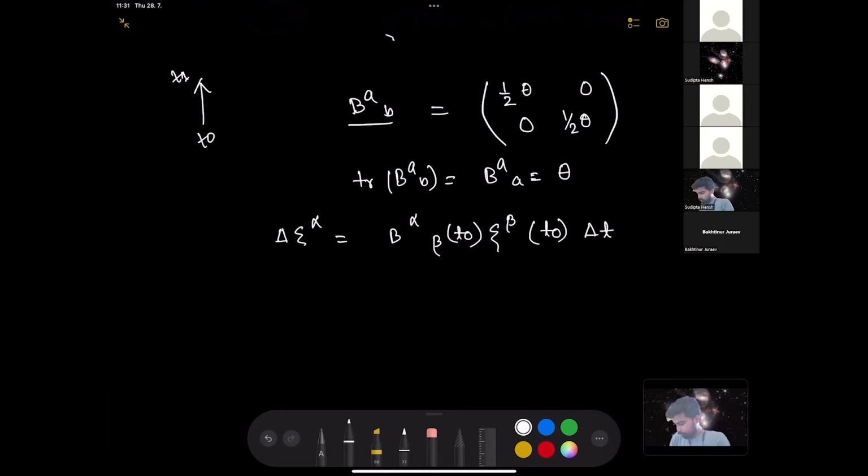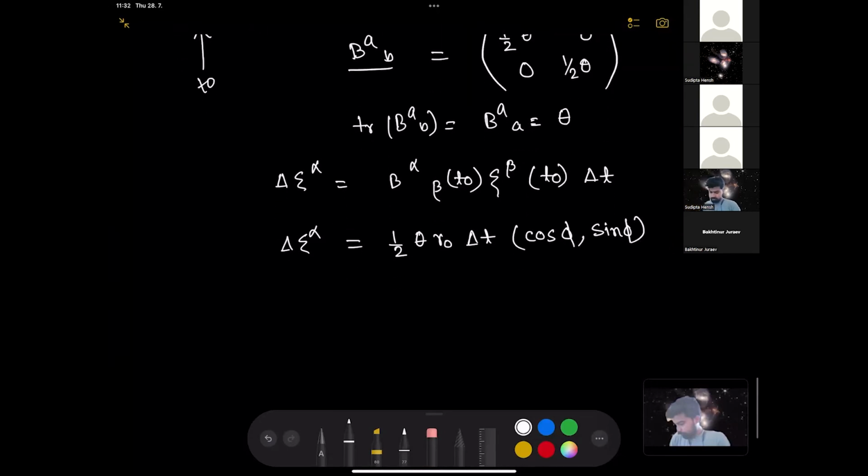So we can calculate delta xi alpha, and for this case it will be half theta R0 delta t cosine phi, sine phi.